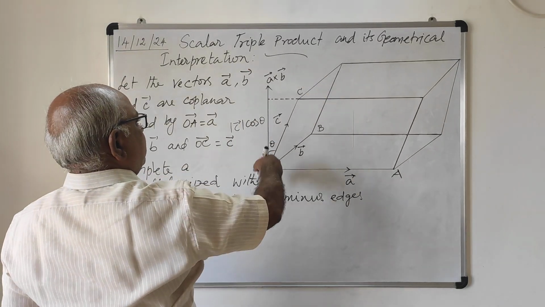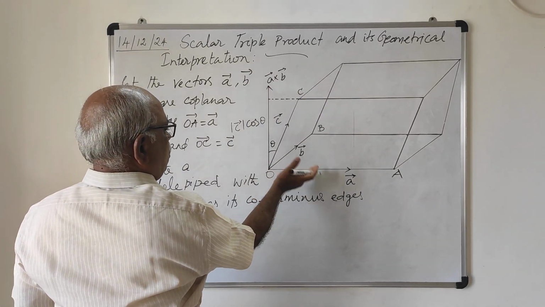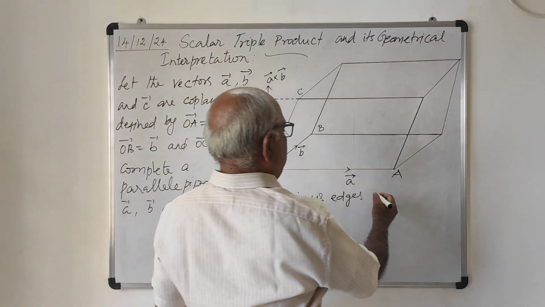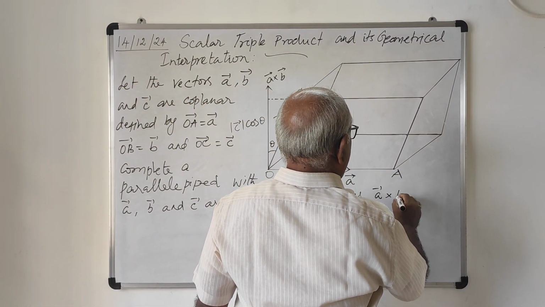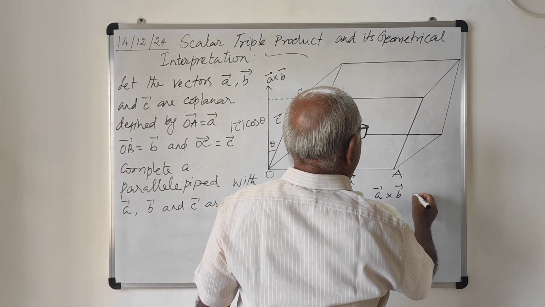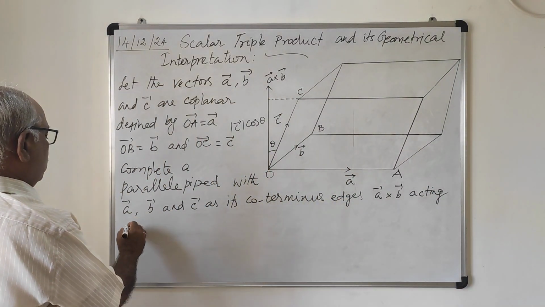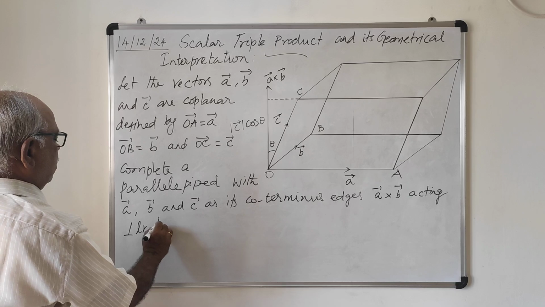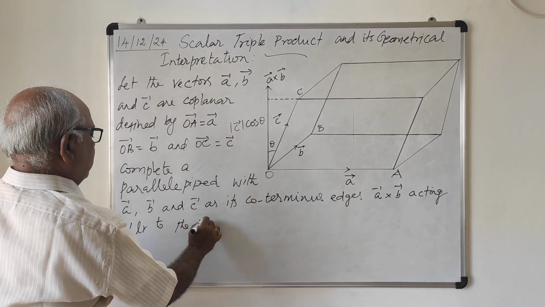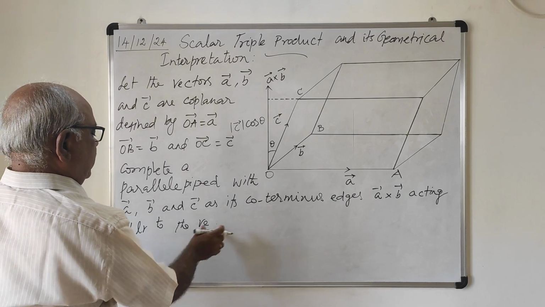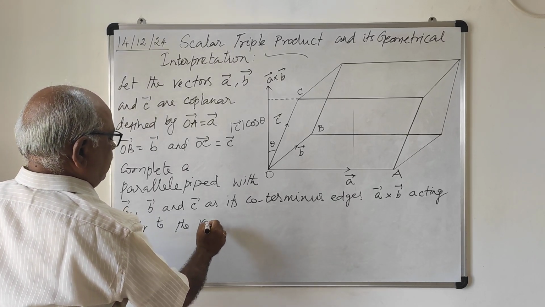A cross B is the vector acting perpendicular to both the vectors A and B, perpendicular to the vectors A and B in the same plane.